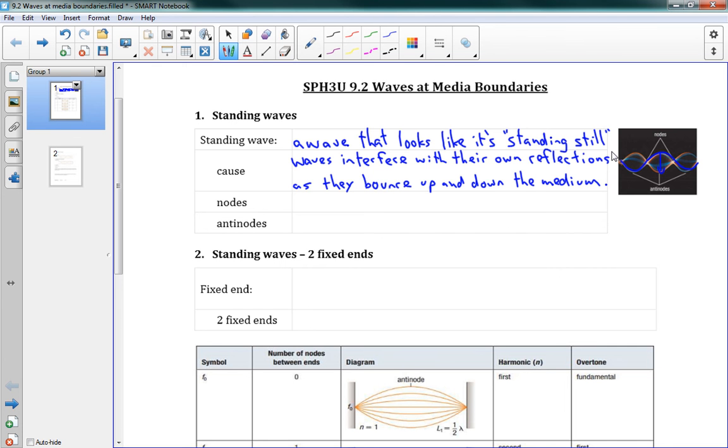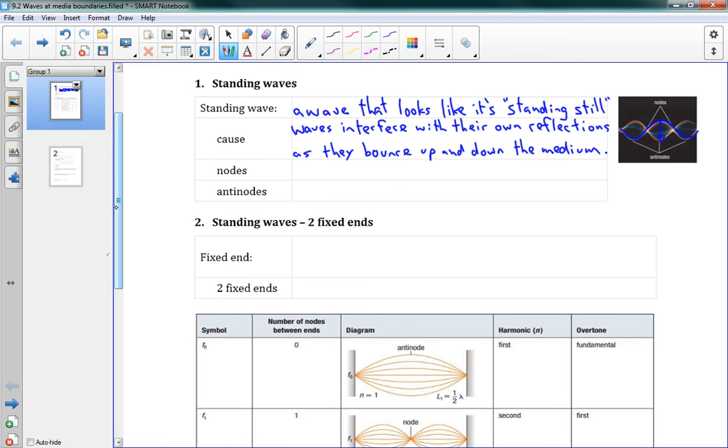Okay, so that's the cause of these standing waves. The waves actually are traveling left and right along the string, and it just ends up looking like they're not.